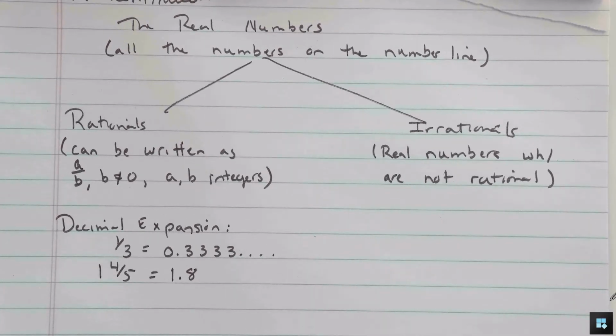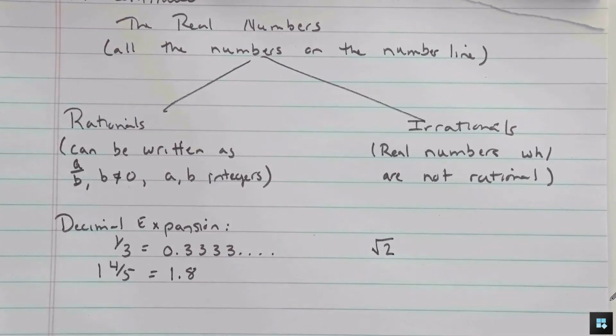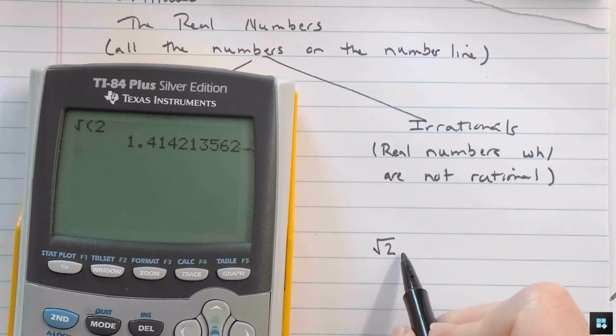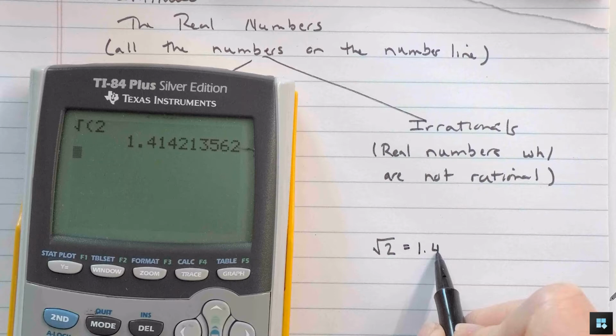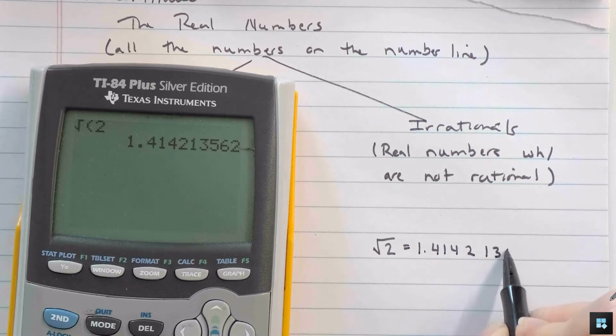So we looked at irrational numbers as well. Square root of 2 we proved was irrational. You can find where it goes on the number line if you put it in your calculator. I get 1.4142135562.